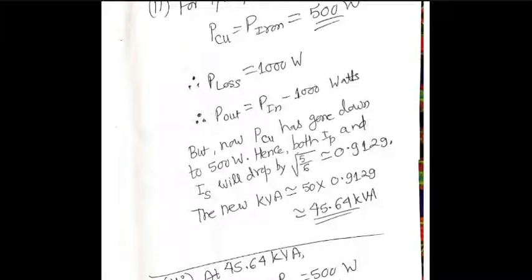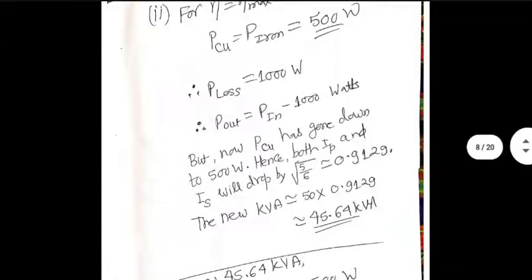Hence, both IP and IS will drop by a factor of square root of 5 by 6. Because if copper loss has gone down by a factor of 5 to 6, the currents have to drop by a factor of square root of that.